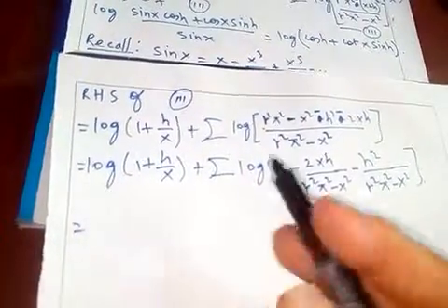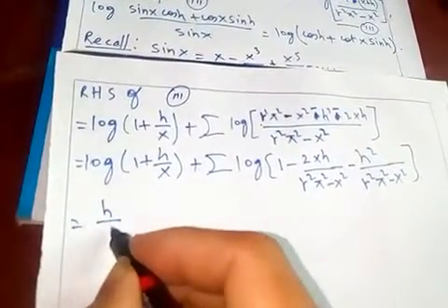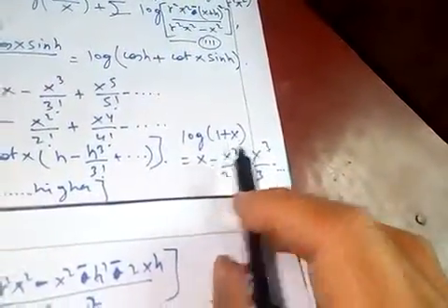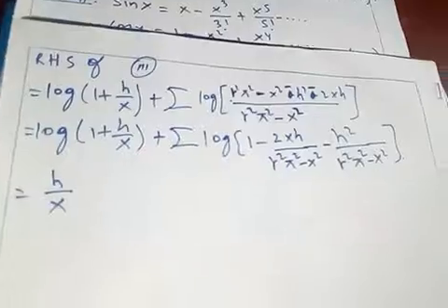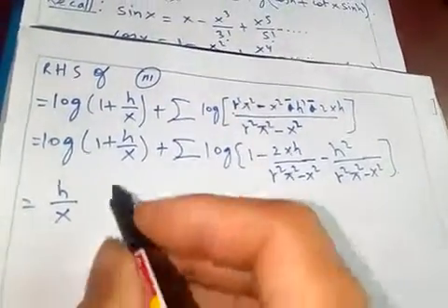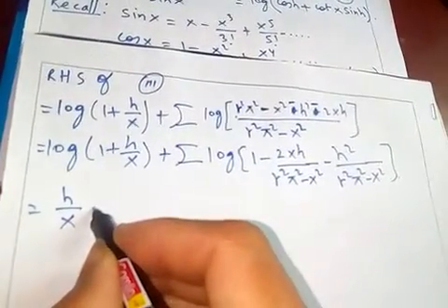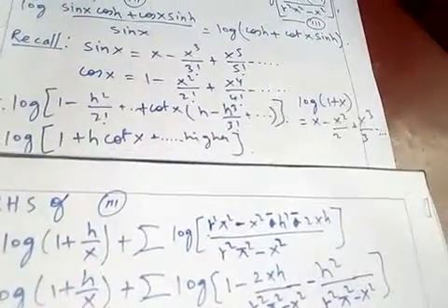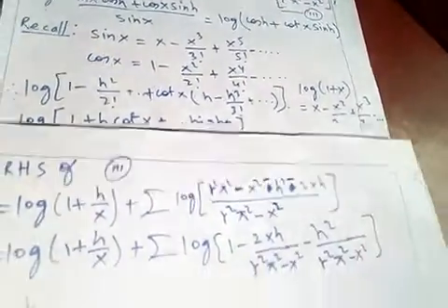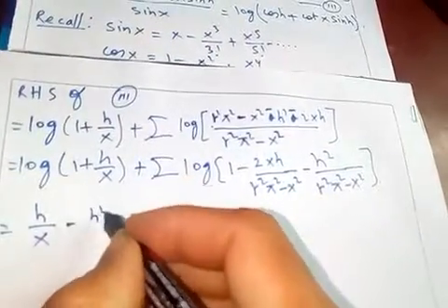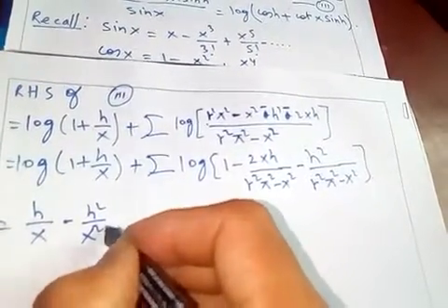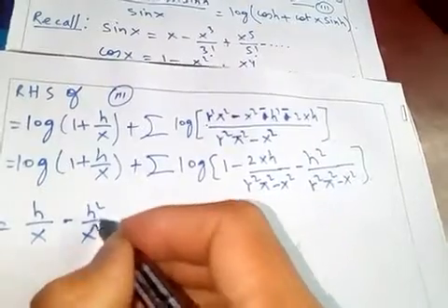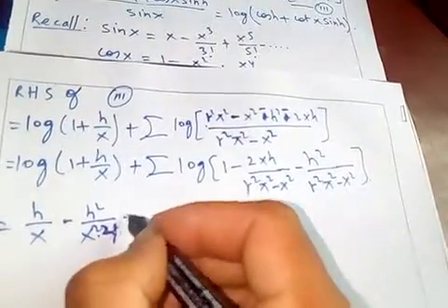Now log of 1 plus something, just apply this: log of 1 plus x is x minus x square over 2, not 2 factorial, only 2, plus and so on.